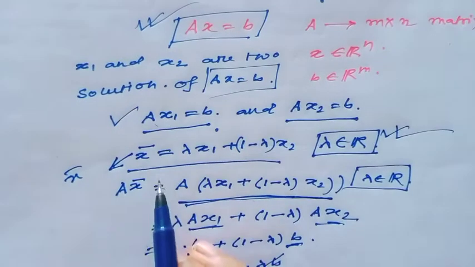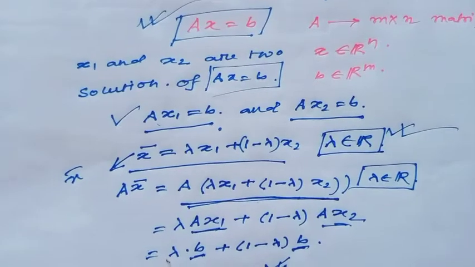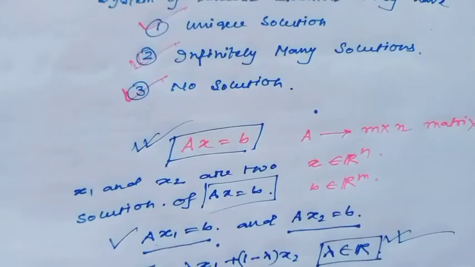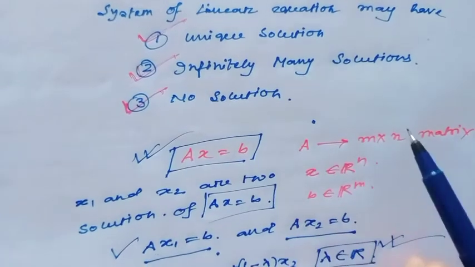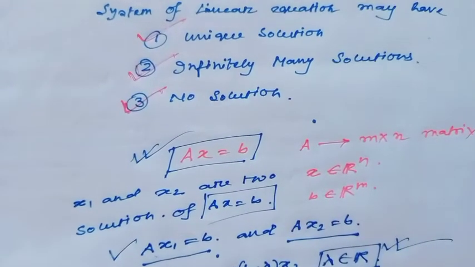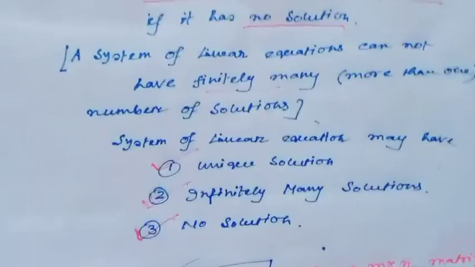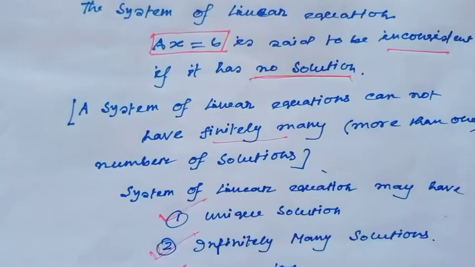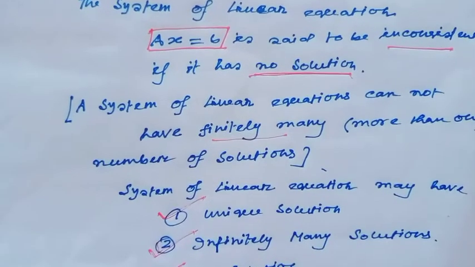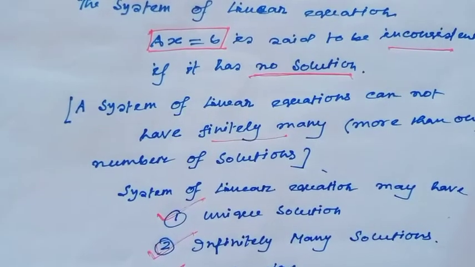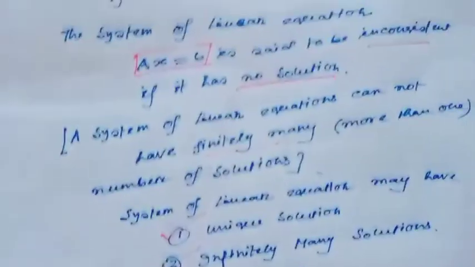That means there can be infinitely many such x bar. So for a system of linear equations, either there exists a unique solution, or no solution, or always infinitely many solutions. It cannot have finitely many, more than one, solutions. Are you getting? We all of us know this. Just as a review, I have discussed this concept again.